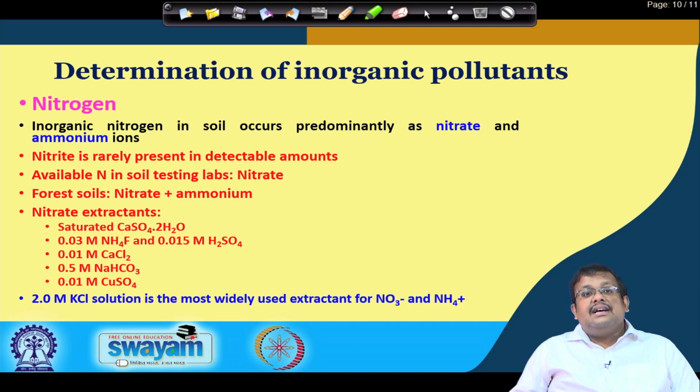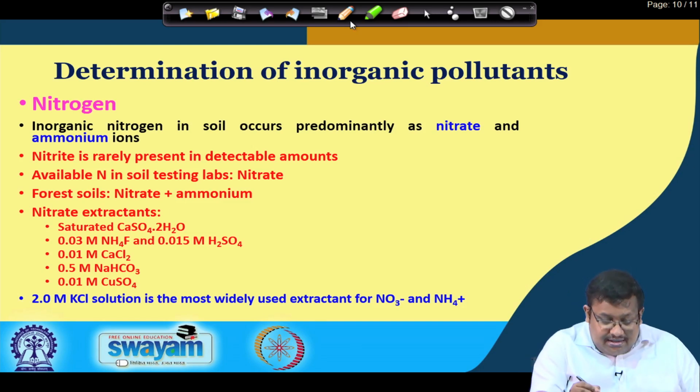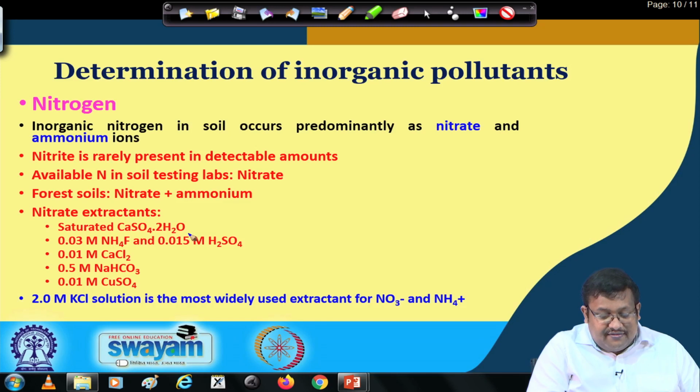Some of the extractants for nitrate are, for example, saturated calcium sulphate 2H2O, then 0.03 molar ammonium fluoride and 0.015 molar H2SO4, 0.01 molar calcium chloride, 0.5 molar sodium bicarbonate, and 0.01 molar copper sulphate.